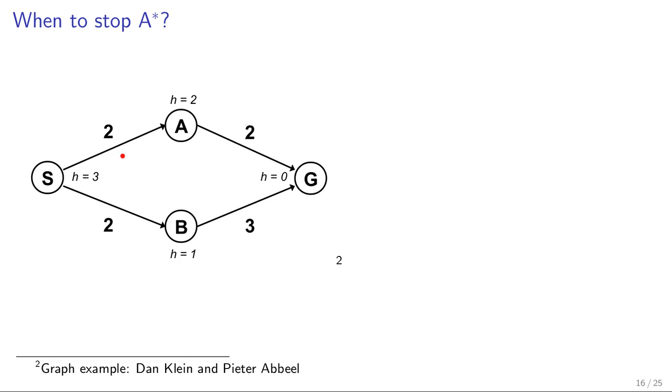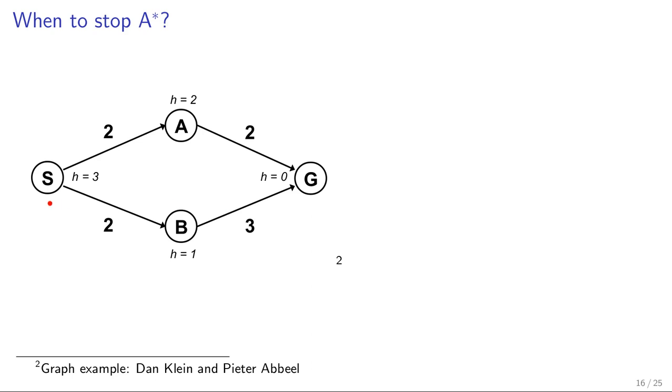Okay, so let's look at yet another graph, and see how we would run the A-star. Remember, the node evaluation on the frontier is the backward cost plus the forward cost. I'm going to start here, and maybe we can write out how the algorithm would be running.